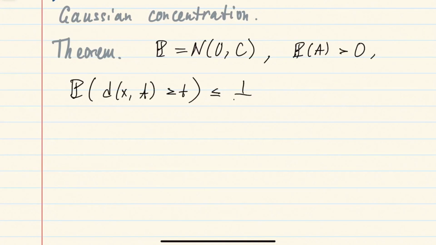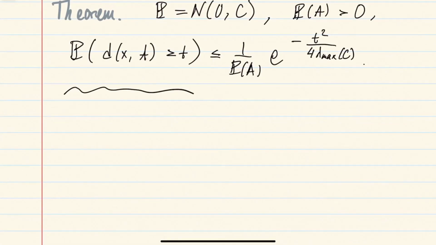So it will be 1 over probability of A times e to the minus t squared over 4 times the largest eigenvalue of C. That's what we want to prove.